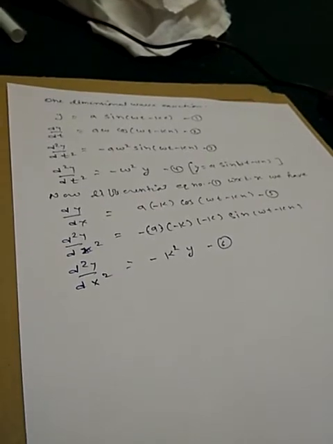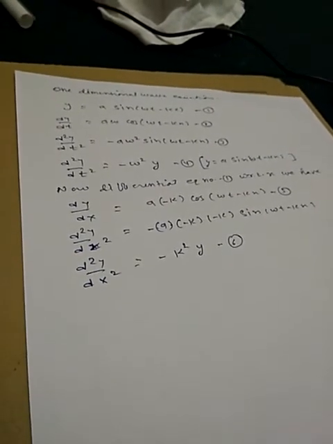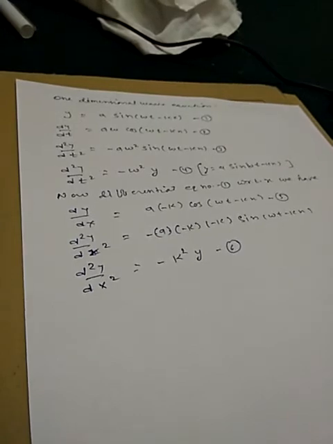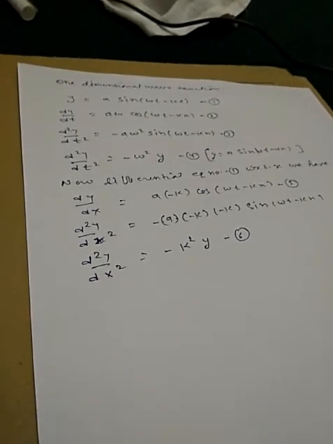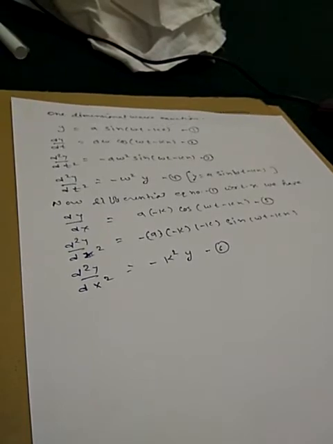Now equation number 4 has the double time differential of y with respect to t. On the other hand, equation number 6 has the double differential with respect to x.